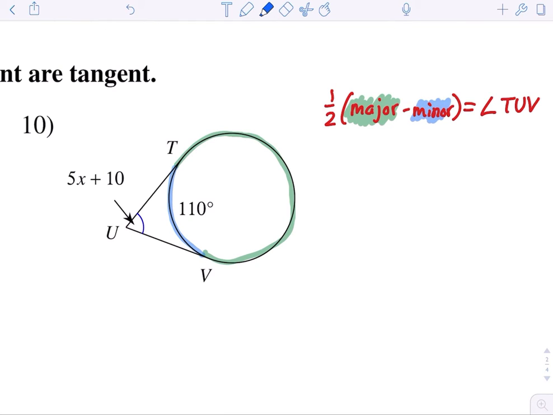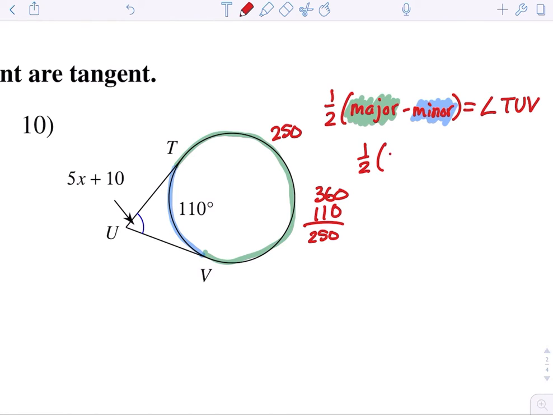In order to solve, we need to figure out what the major is. To get the major, we'll just do 360 minus the 110, and that's 250. So the major is 250. Now we can solve for x.